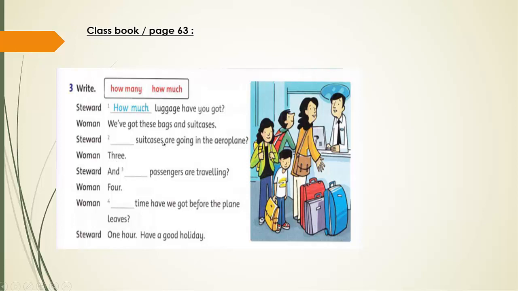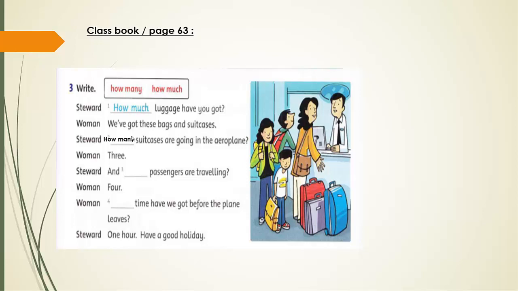And another thing to help you, look at suitcases. Is it plural or singular? Of course, it is plural. So is it countable or uncountable? Yes, countable. So what do I use with countable? How many? Try to do numbers 3 and 4.